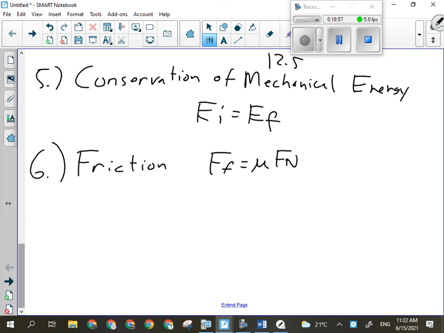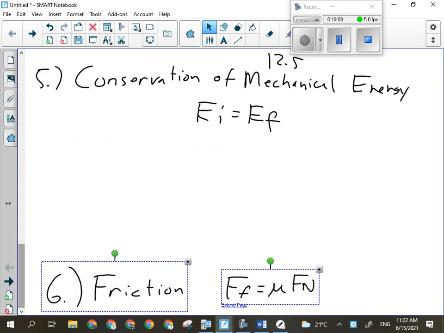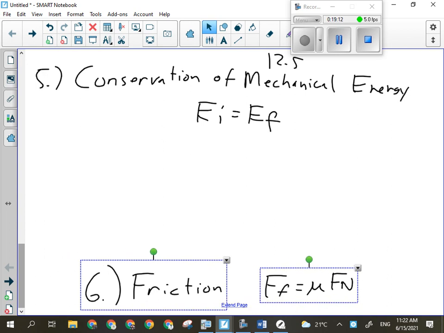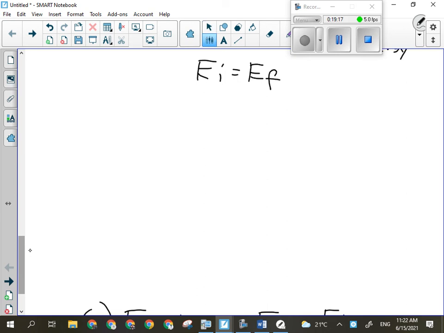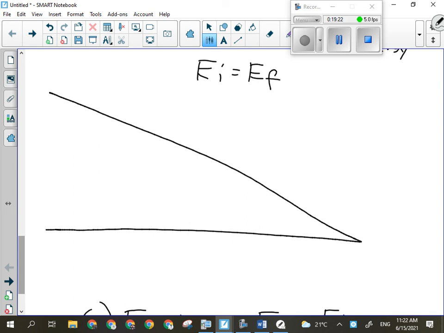Anything else you want me to go over? Do you want to make a conservation energy problem for you to try? Okay, person's on a sled.